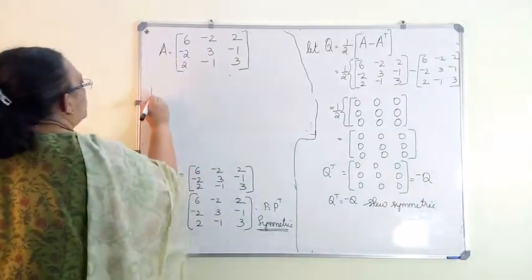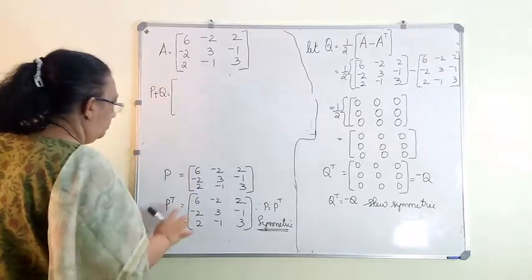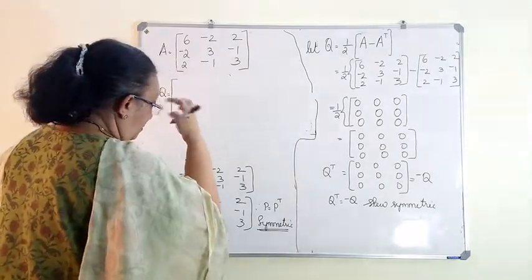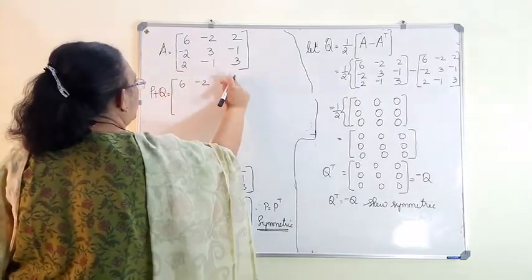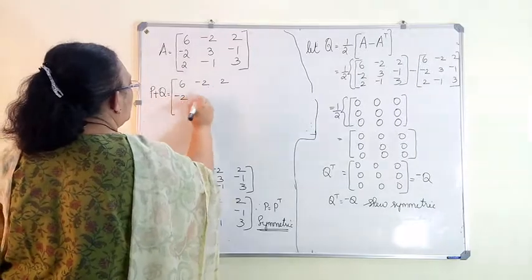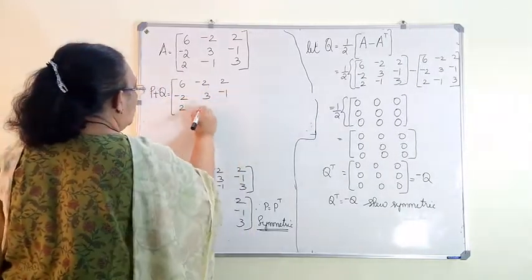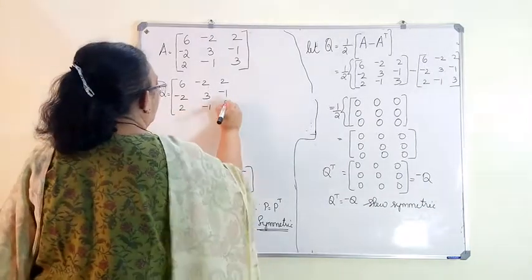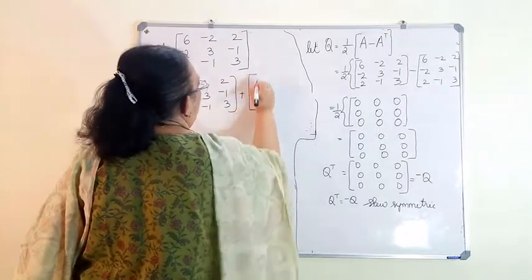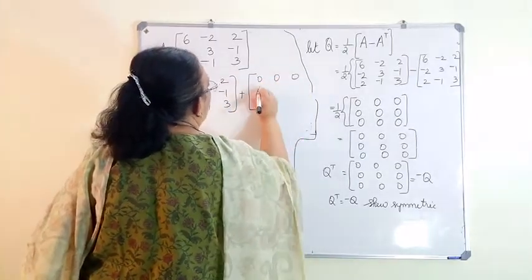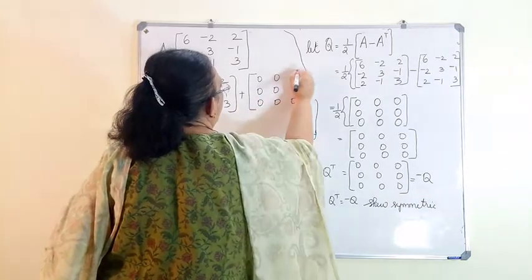P plus Q. What is P? 6 minus 2, 2, minus 2, 3, minus 1, 2, minus 1, 3, plus 0, 0, 0, 0, 0, 0, 0, 0, 0.